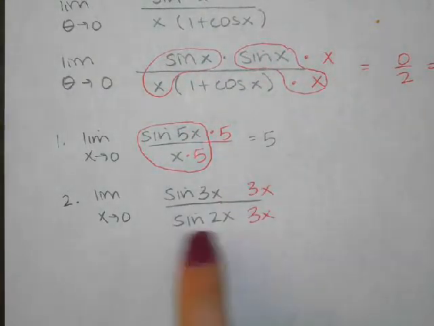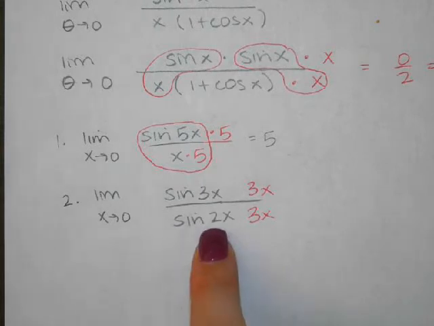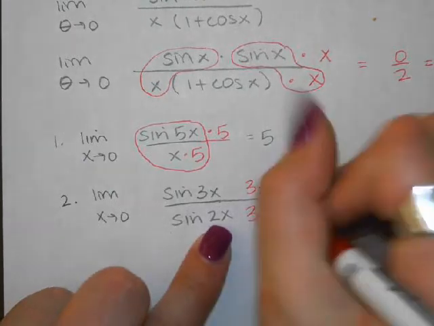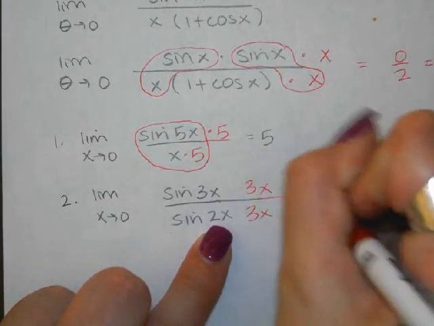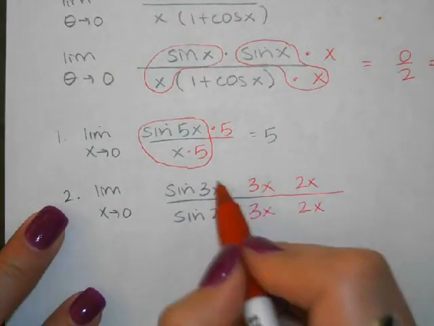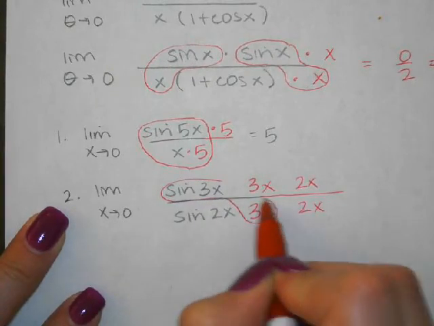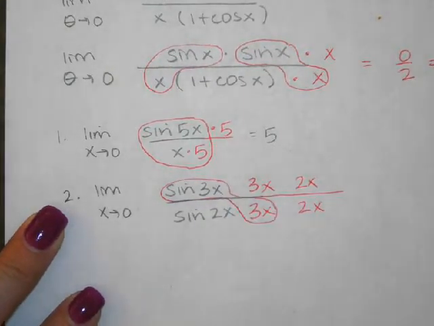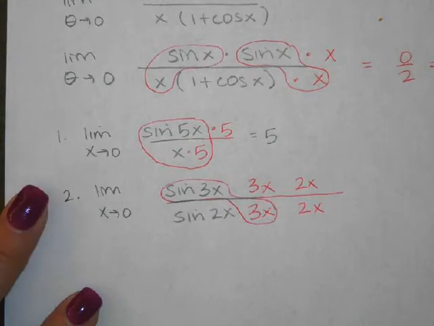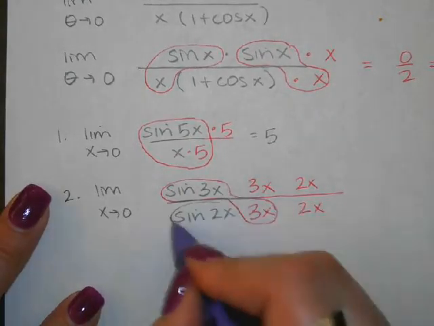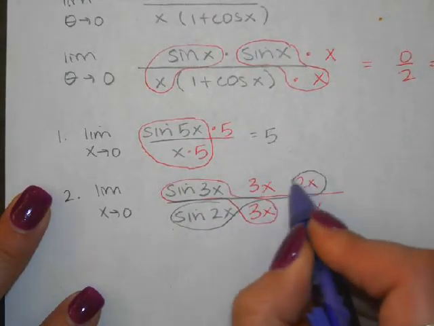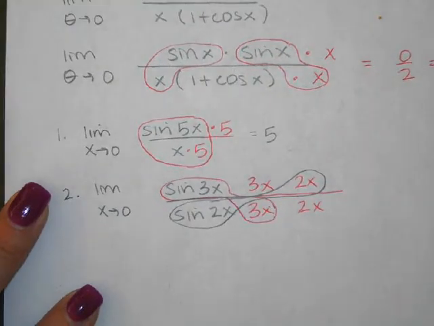Okay? For the sine 2x on the bottom, what do I technically need to have on the top? 2x. So this part right here has a limit of 1, and this part right here has a limit of 1.